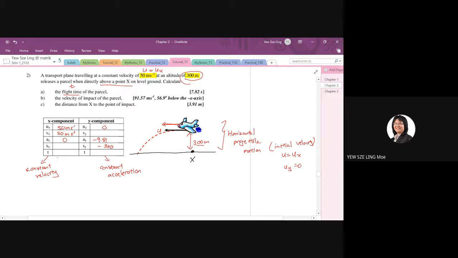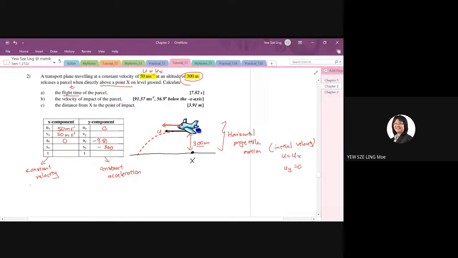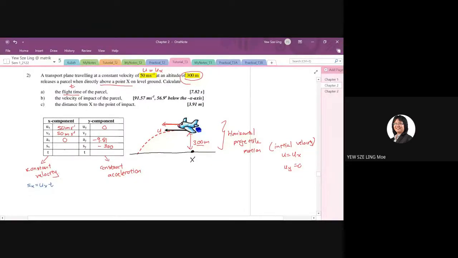If for the x component, the only equation that you have is Sx equals to uxt. If you want to use the x component to find time, then you need Sx. But now if you look at the table, we don't have Sx, which means question A can only be solved by using the y component.